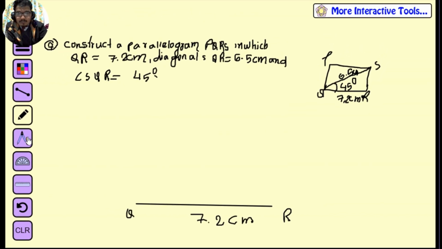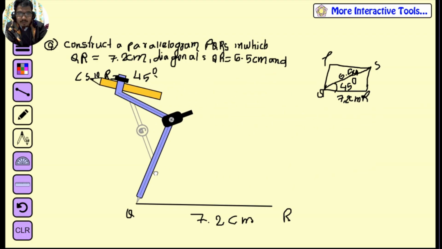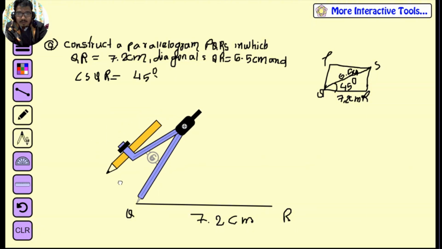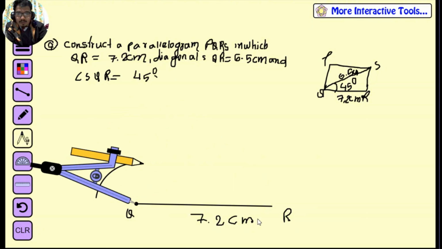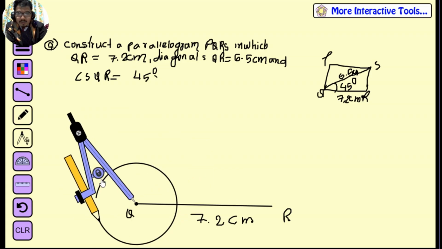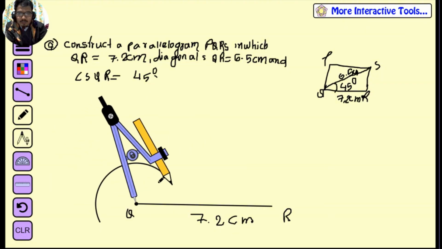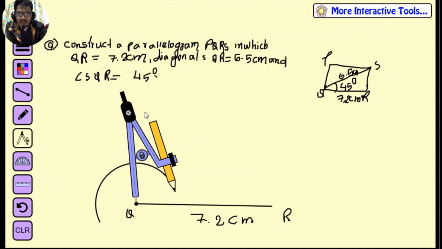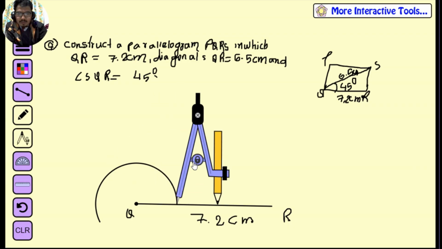Then with the help of the compass, now here take one appropriate arc, and cut here one main arc. Cut like this main arc, and we cut from here 0 degree to this side.